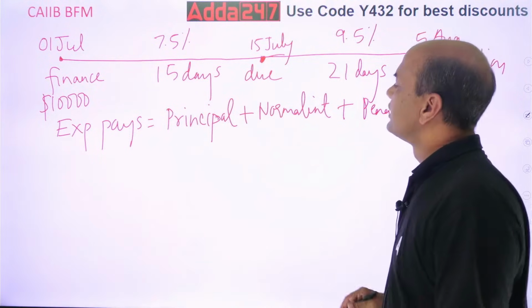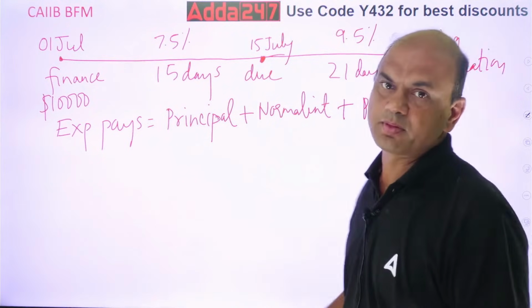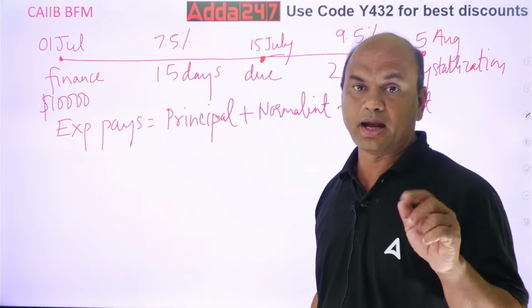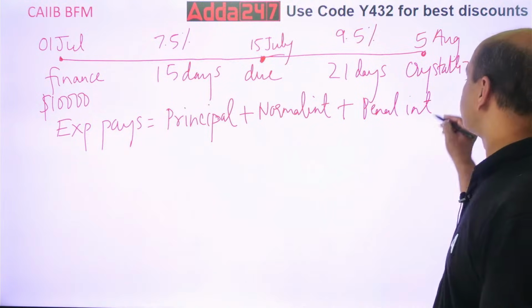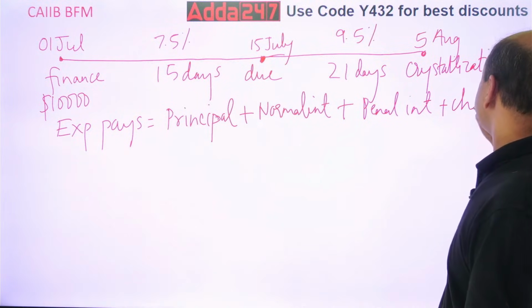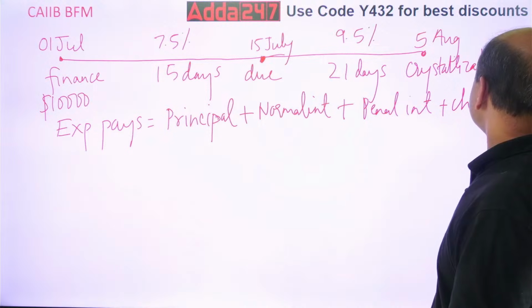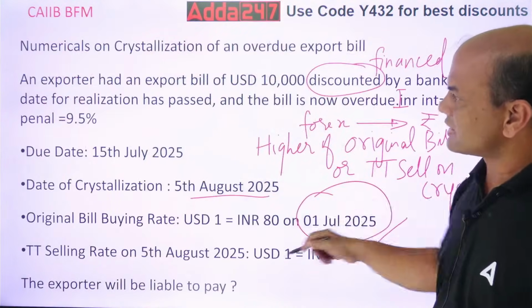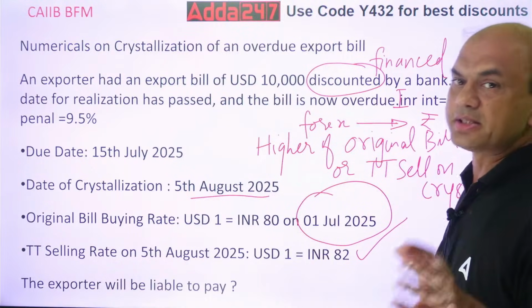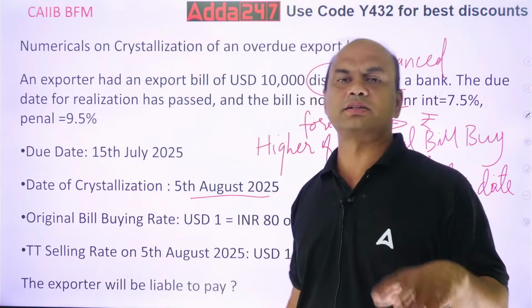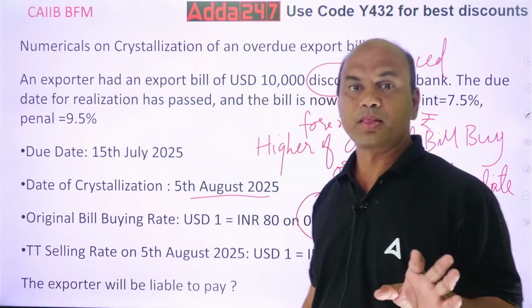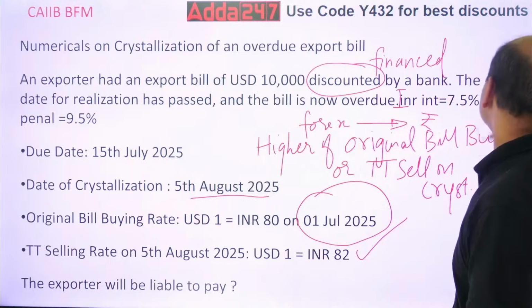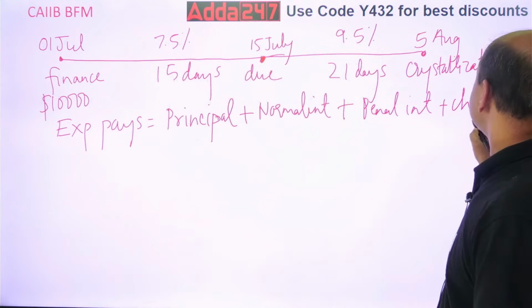These three things the customer will pay me, and if there are any charges, any extra fee which I am charging. But in this numerical, no charges are mentioned. Otherwise, they would say to charge this fee or that fee. So charges will be 0.